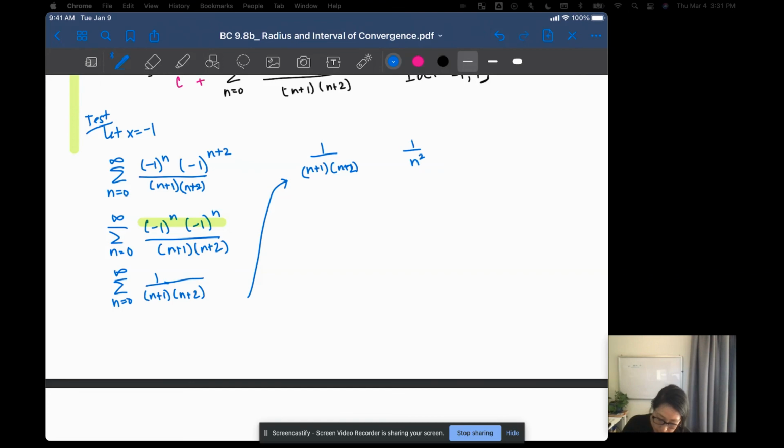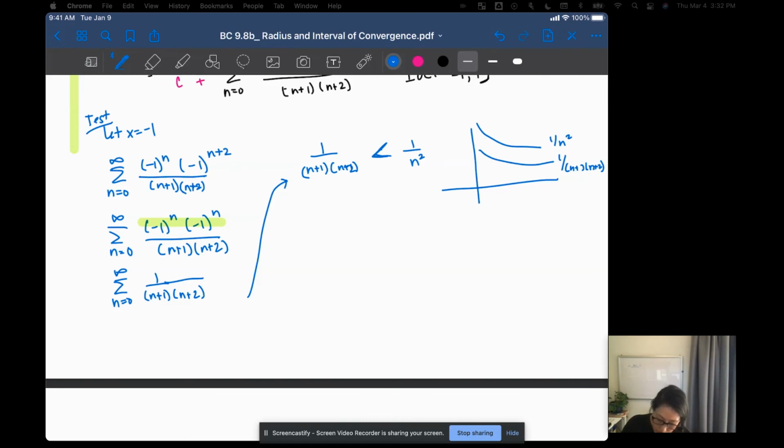What I have is that for 1 over n plus 1 times n plus 2, the denominator is larger, so it actually makes that fraction smaller. If I draw that out, 1 over n squared is larger, and 1 over n plus 1 times n plus 2 is smaller.